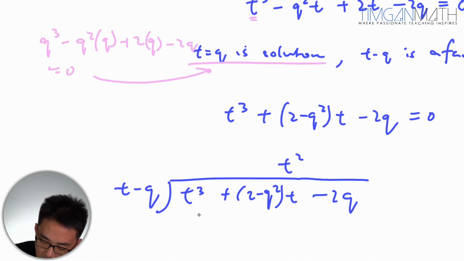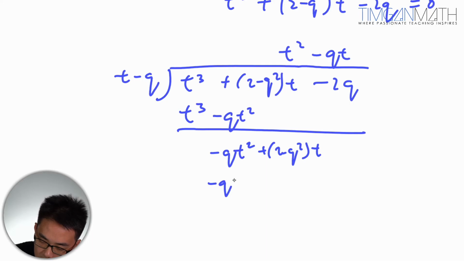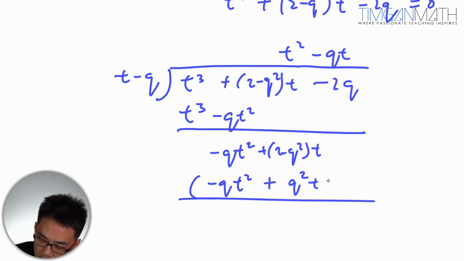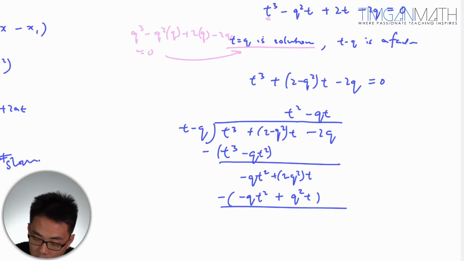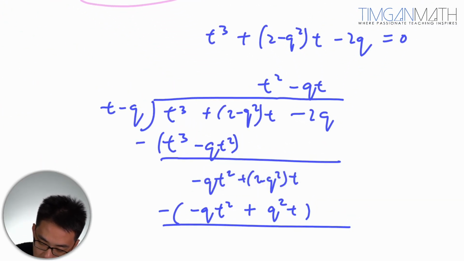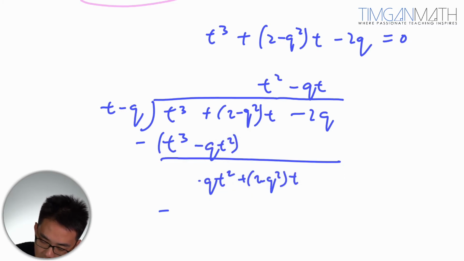So it's t², minus qt², then I'm just going to put minus qt, and after which we're going to subtract it out. Oh, sorry, this is a plus.